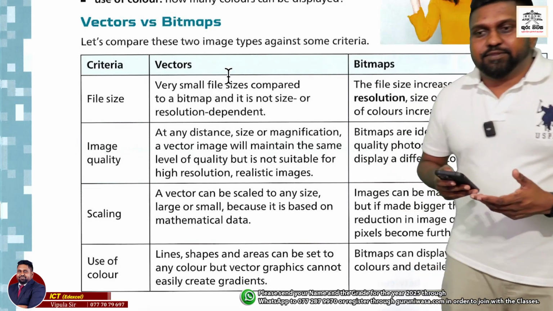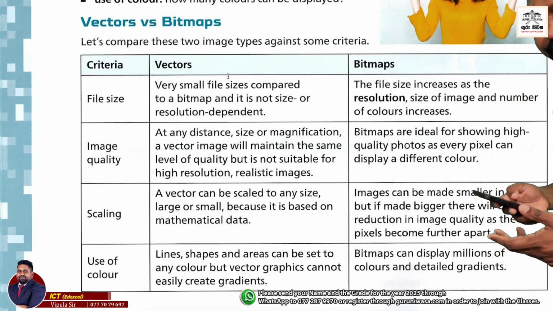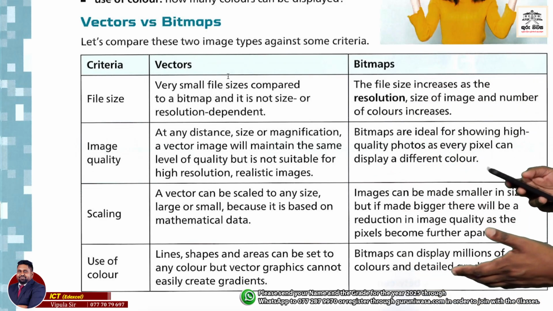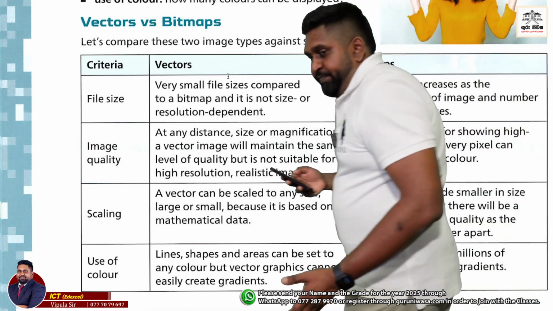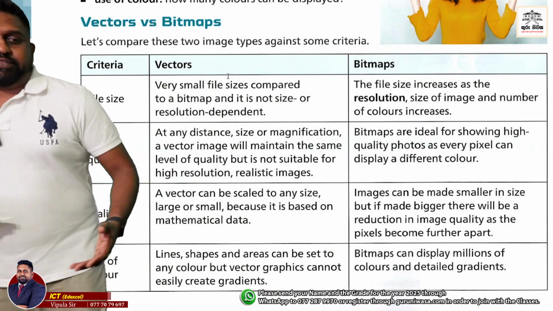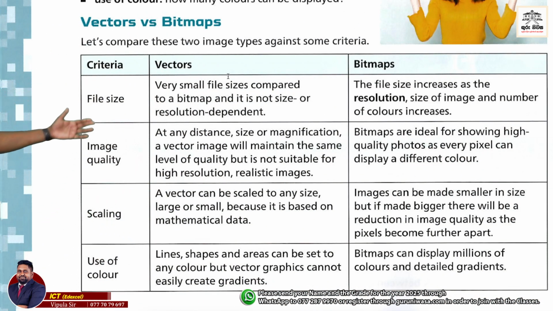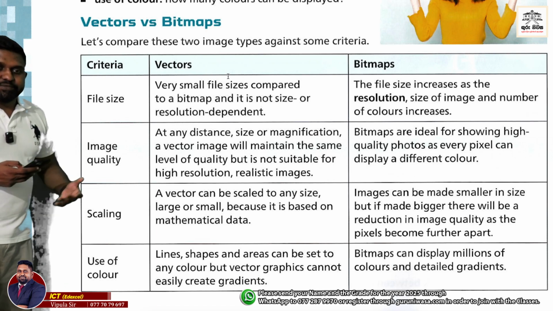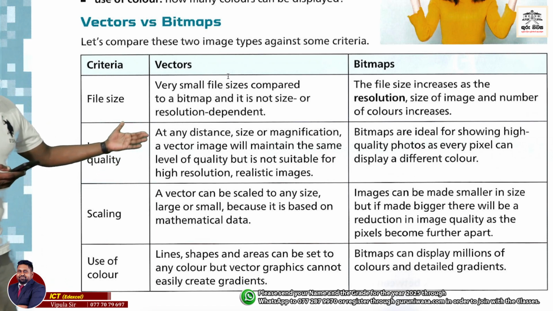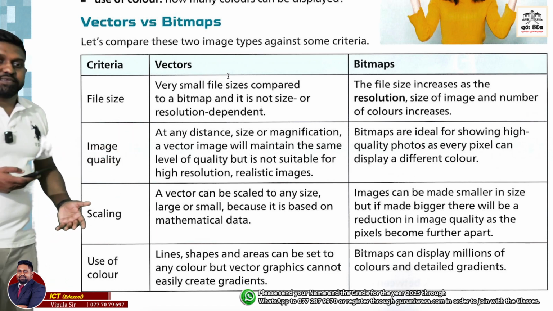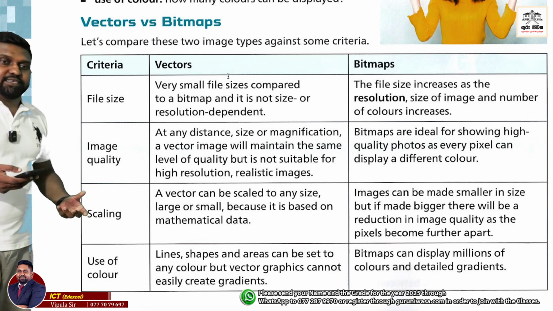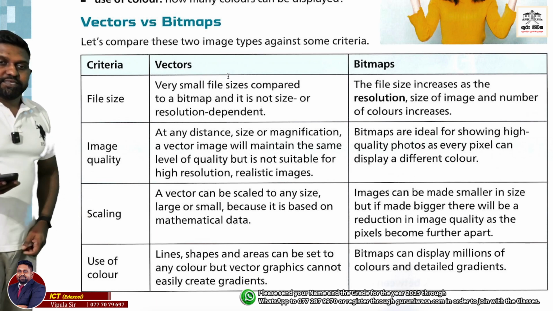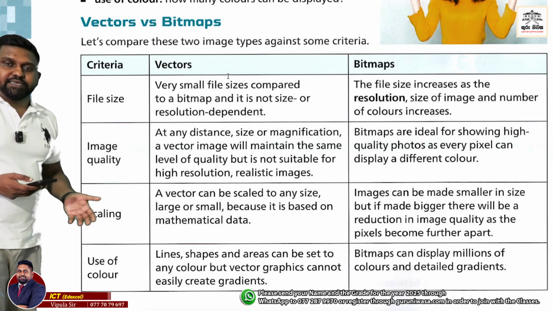Okay, so let's check the comparison. So here, primarily, let's check the file size criteria. So the file size, when it comes to vectors, is obviously very small compared to bitmap, and basically it's not size or resolution dependent, right?